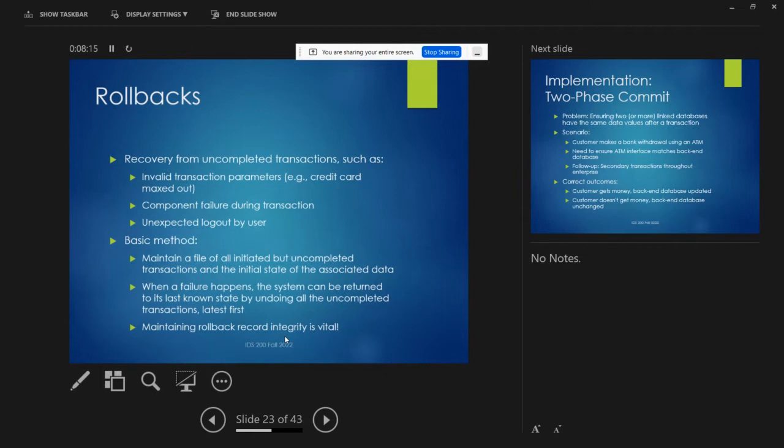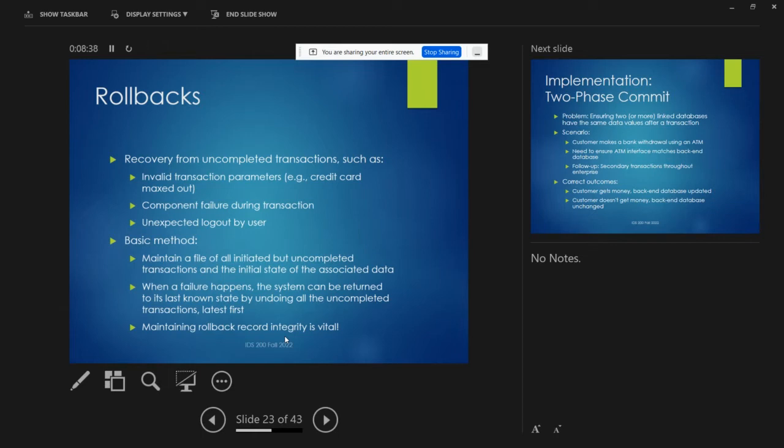So the basic method for how that works: you keep some file, some list of all the transactions that have been started but haven't been finished yet. And along with those, you keep the initial state of any data involved in those transactions. That way, when a failure happens, it's pretty easy to return the system to its last known state. Basically, you unpack all of those transactions in order.